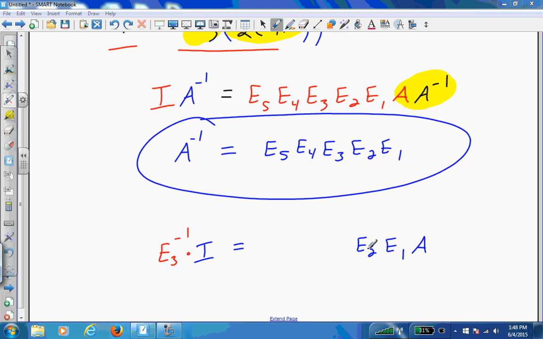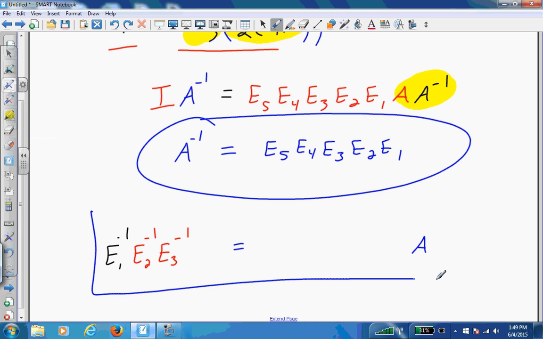We want to get rid of E sub 2, so multiply by the inverse on the left. Those would cancel. We want to get rid of E sub 1, so the inverse of that elementary matrix. Those cancel. Anything times the identity matrix is itself, so we can drop the identity matrix.